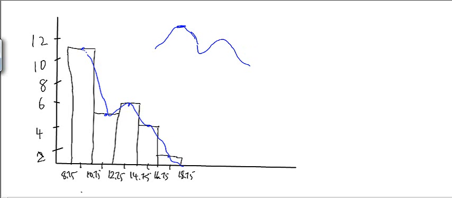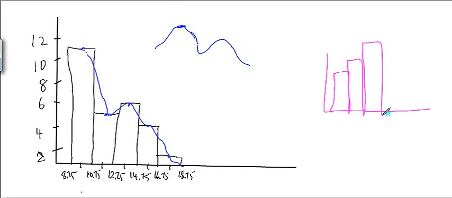If I had a histogram like this, okay? And then I went back and connected the bars and made a distribution curve, I would get something like this, right? And then I went ahead and erased the bars, I would get something like this.